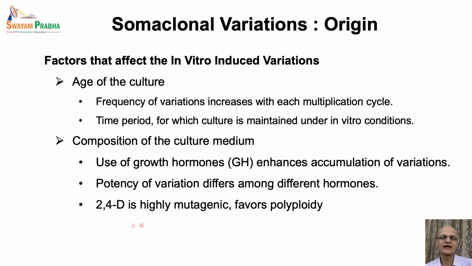Like 2,4-D has been found to be the most potent for introduction of these somatic variations. Either it induces polyploidy or selectively favors the division of the polyploid cells.